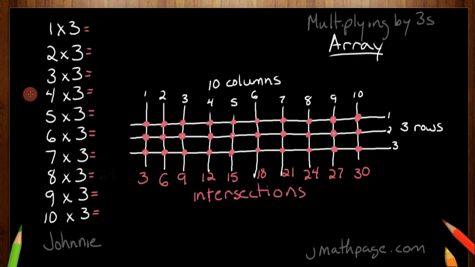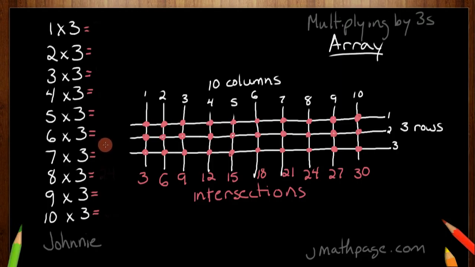Here we go. 4 times 3 equals. 7 times 3 equals. 3 times 3 equals. 8 times 3 equals. 2 times 3 equals. 9 times 3 equals. 1 times 3 equals. 10 times 3 equals. 5 times 3 equals, there's one more, 6 times 3 equals.